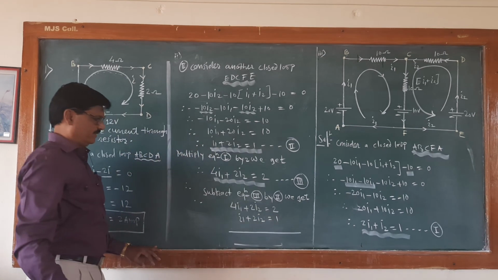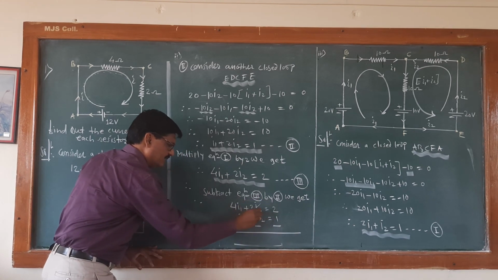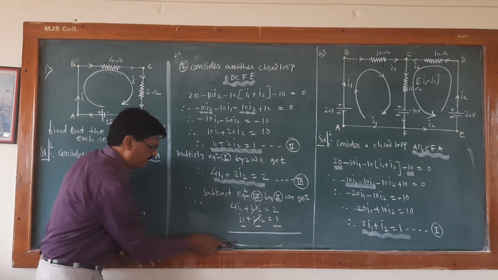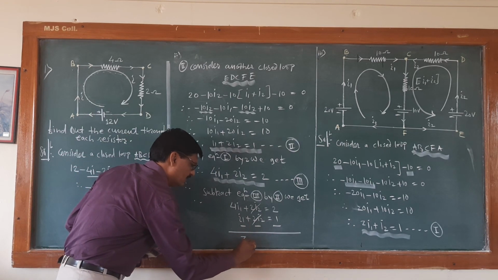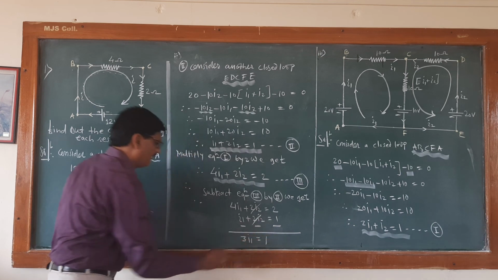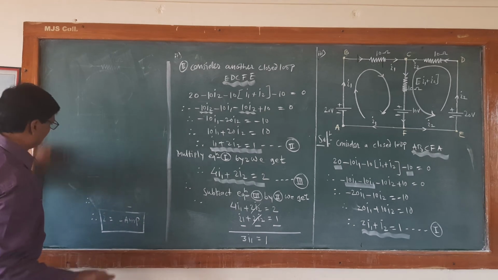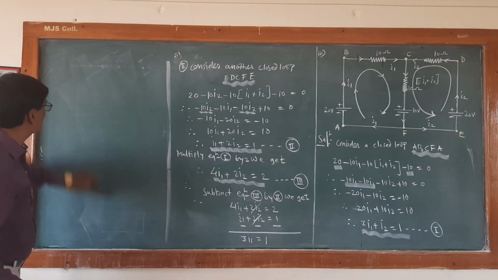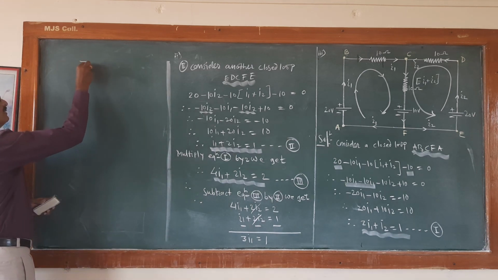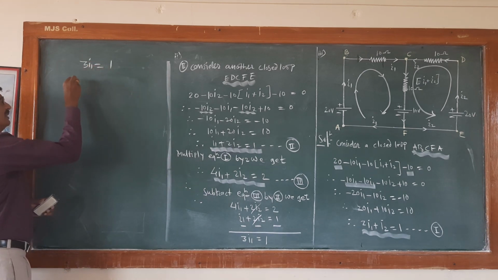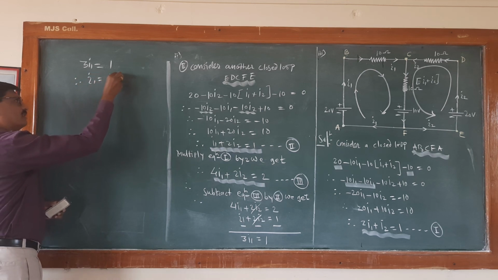If you subtract, the common term 2 times I2 gets cancelled, and 4 I1 minus I1, that is 3 times I1, is equal to 1. Therefore I1 is equal to 1 by 3 ampere.